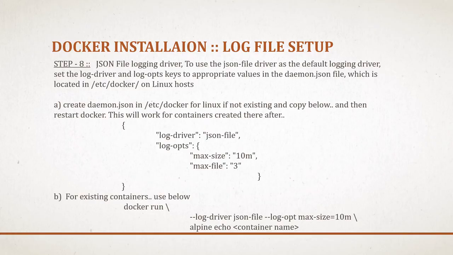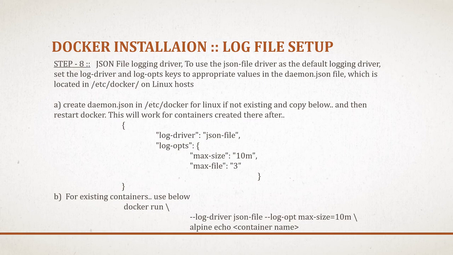If it's already there, then you can just replace it with this code, or you can create a daemon.json where you will just mention the log driver will be json-file, and then in the options, max-size will be 10 MB, and max-file rotation will be 3. So this will take care of the log rotation and also limits the log file size. You can increase or decrease according to your need.